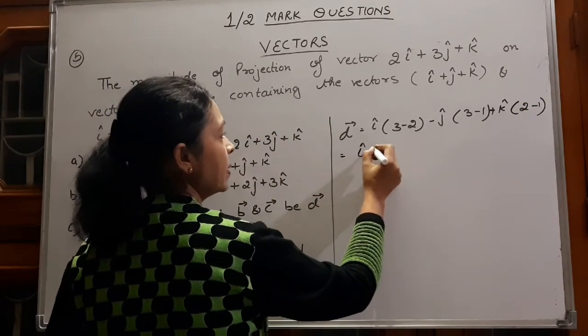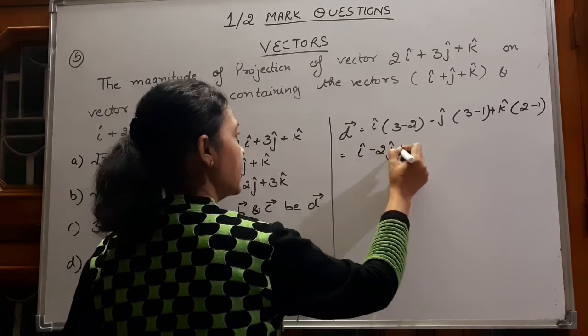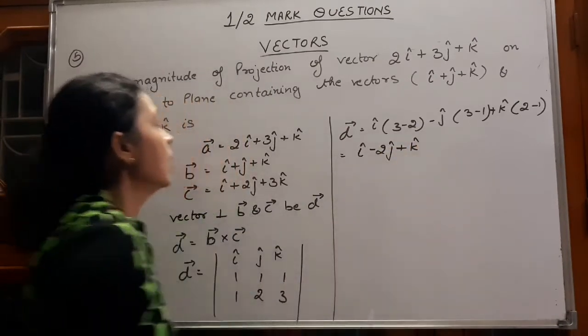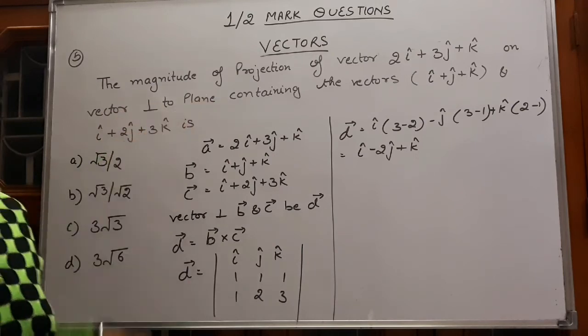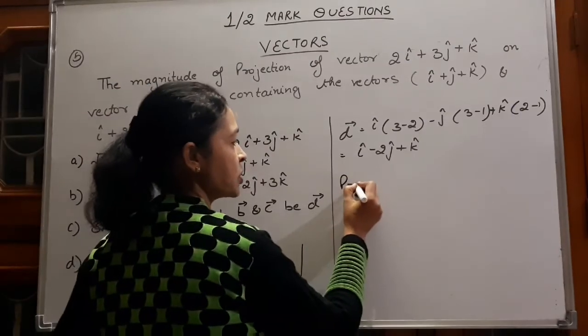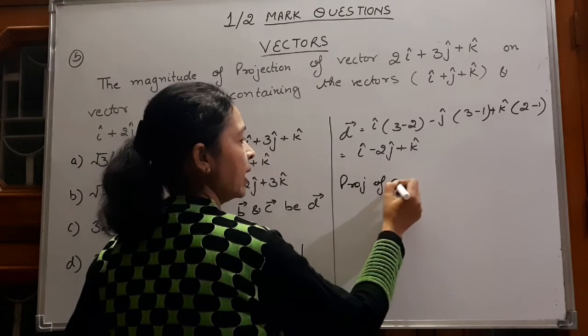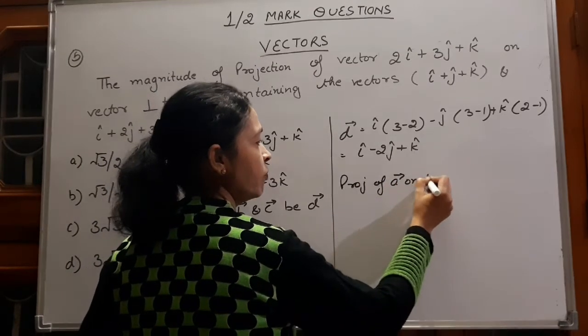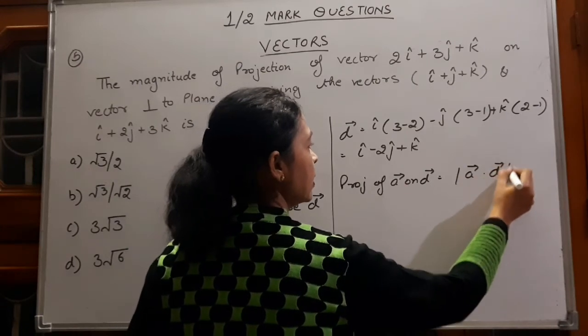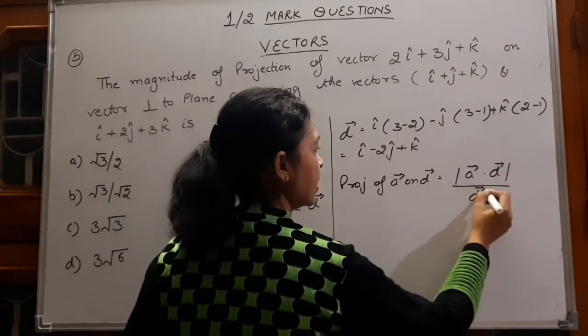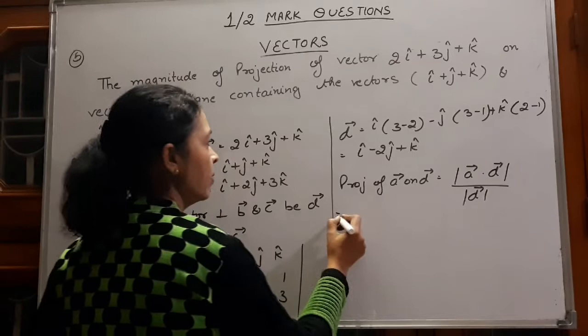We have i cap minus 2 j cap plus k cap. We have to find the projection of vector A on vector D. Projection of vector A on vector D will be vector A dot vector D upon magnitude of vector D.